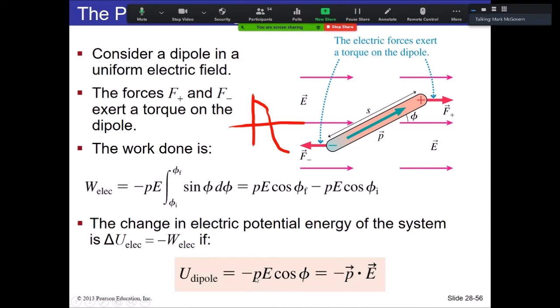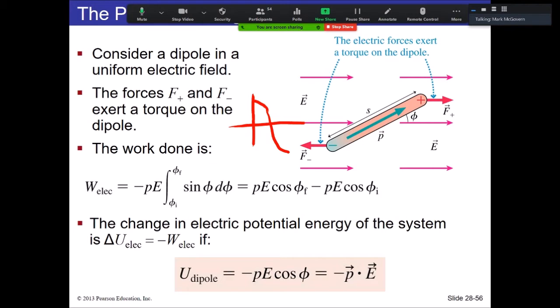So if you flip this, that's effectively what your dipole energy looks like. It has a negative value when it's in its stable position. Perpendicular, it's 0. And when it's anti-parallel, it's at its most positive value.